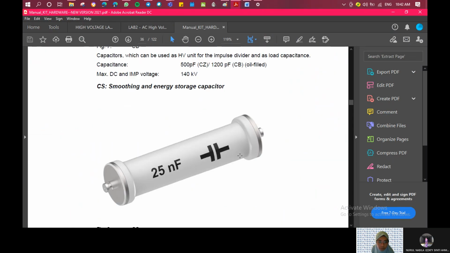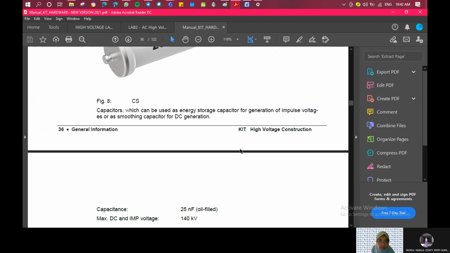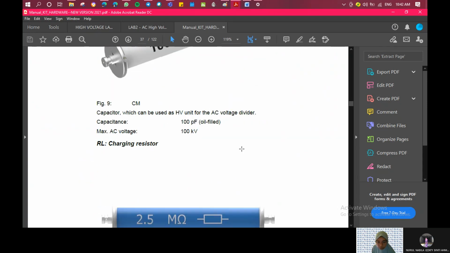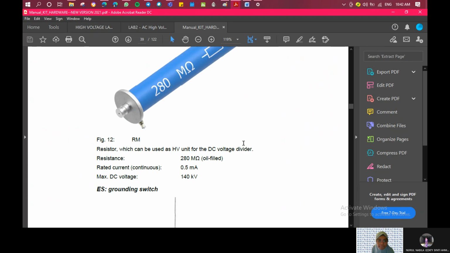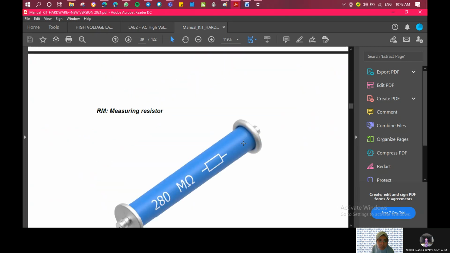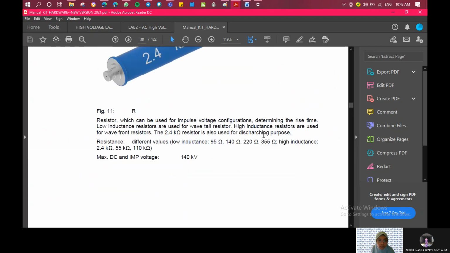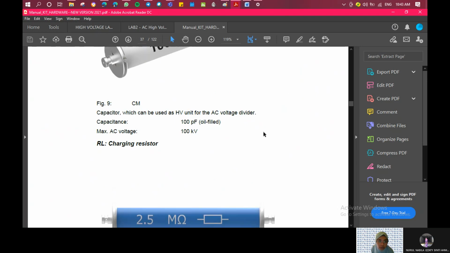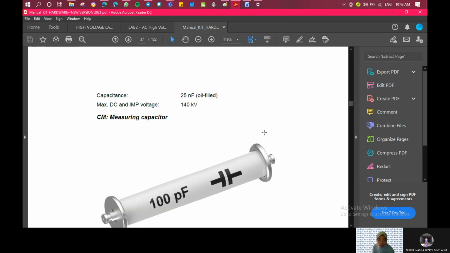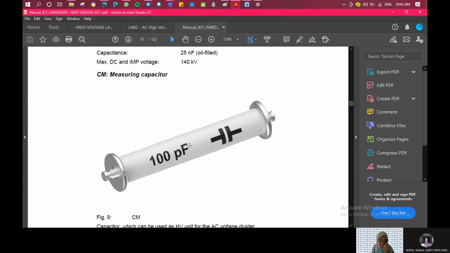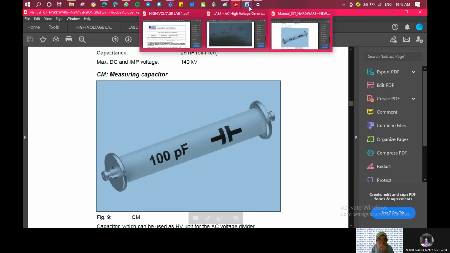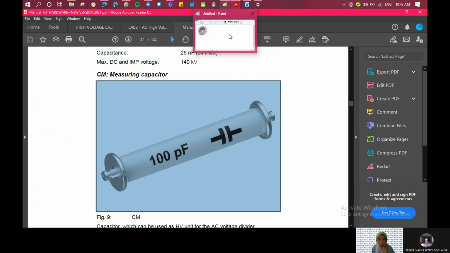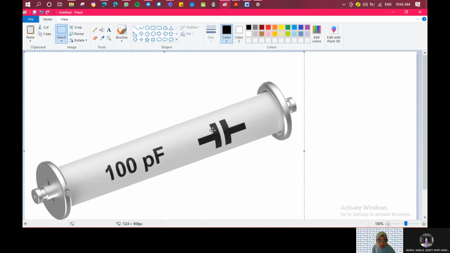We also use a measuring capacitor, which is this one, a 100 picofarad.